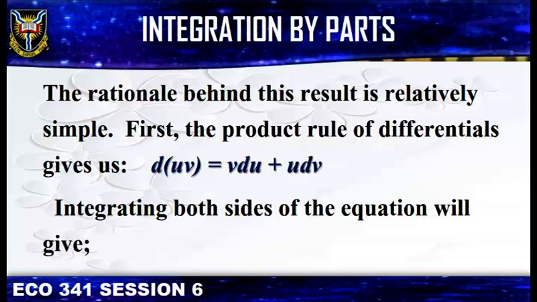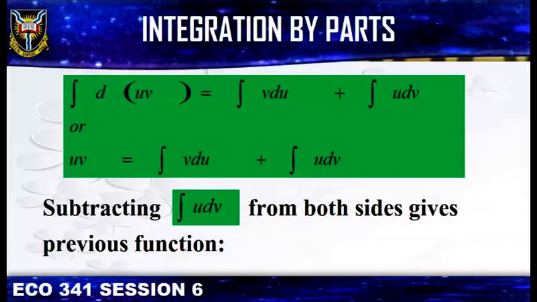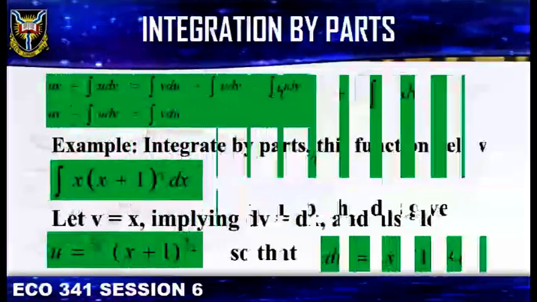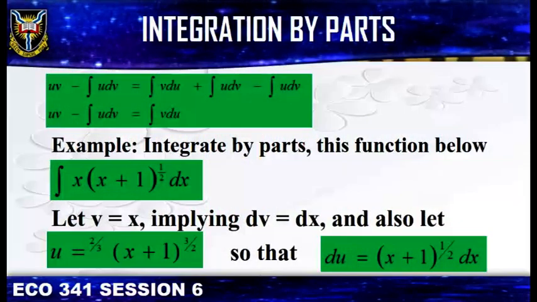Integrating both sides of the equation, we get integral d(uv) is equal to integral v du plus integral u dv, or uv is equal to integral v du plus integral u dv. Subtracting integral u dv from both sides gives uv minus integral u dv is equal to integral v du plus integral u dv minus integral u dv. So uv minus integral u dv is equal to integral v du.